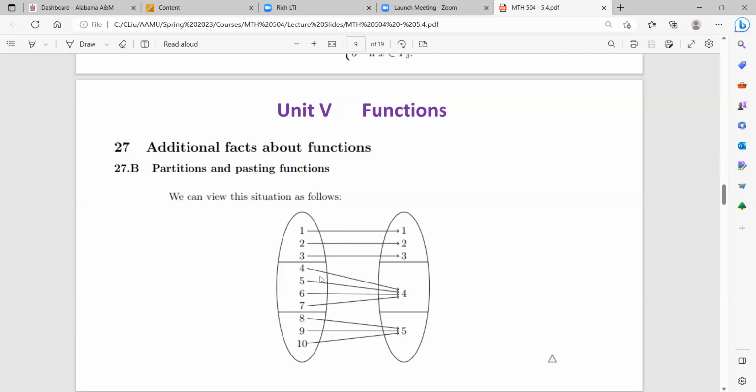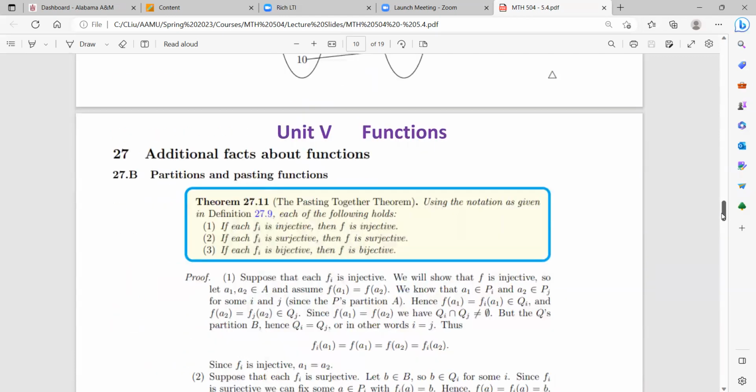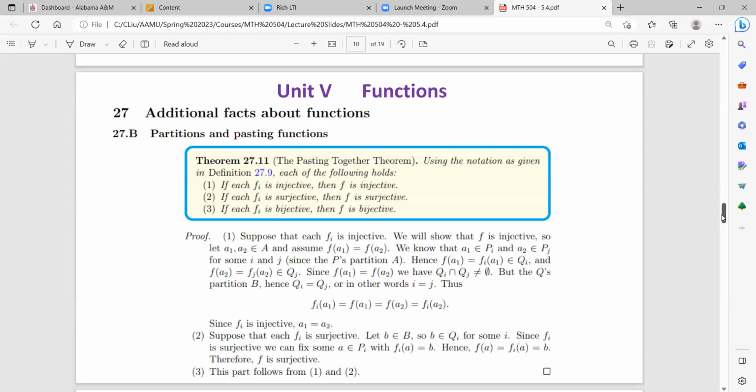It makes one function because all three individual component functions are functions. So each element in the whole domain maps to exactly one element in the whole codomain. All right, so it's nothing really hard to understand.